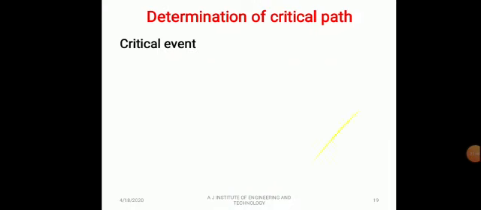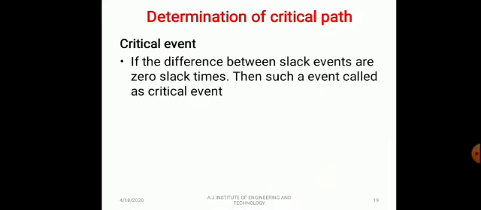Determination of the critical path and critical event. If the difference between the slack events is zero slack time, then such an event is called a critical point. Critical path: an activity is said to be critical if a delay in its start will cause a further delay in the completion date of the entire project.